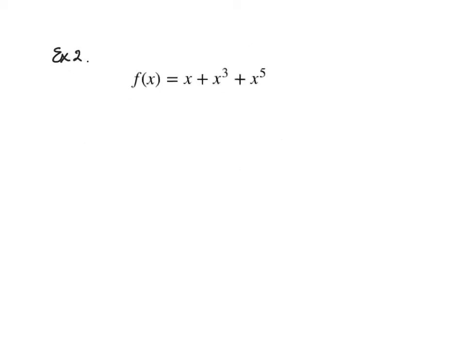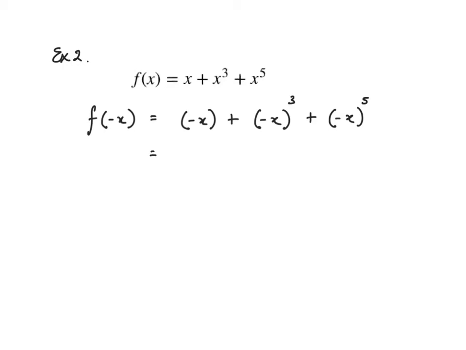Here's a second example. We've got a polynomial, f of x equals x plus x cubed plus x to the power of 5. So we want to investigate this function. We'll replace x with minus x. Now, because the powers of these terms are all odd numbers, each of the terms is negative.